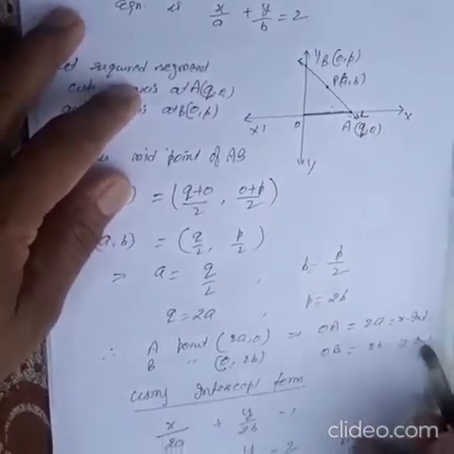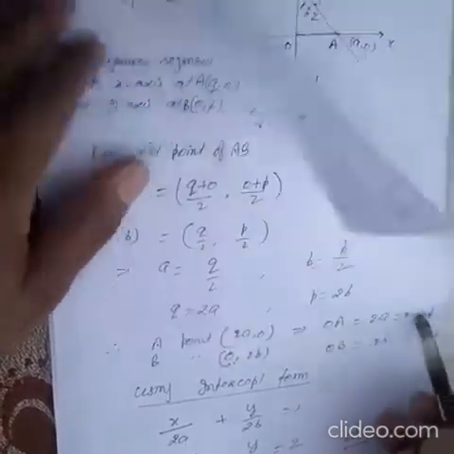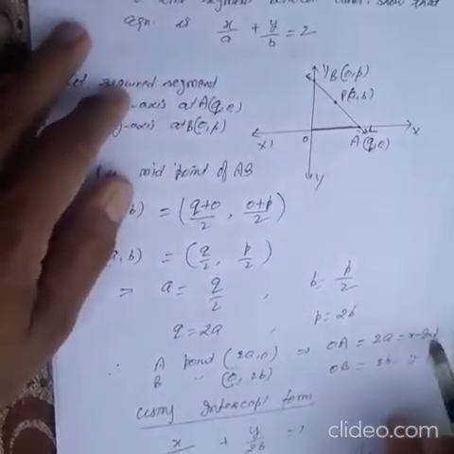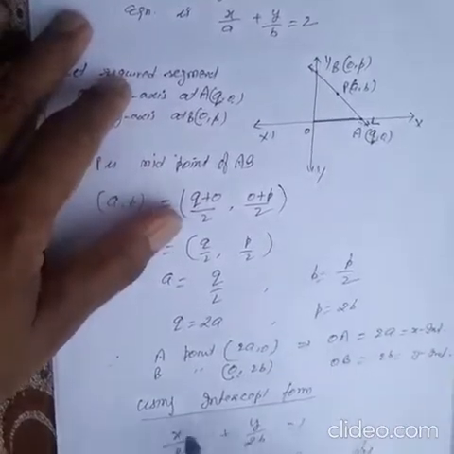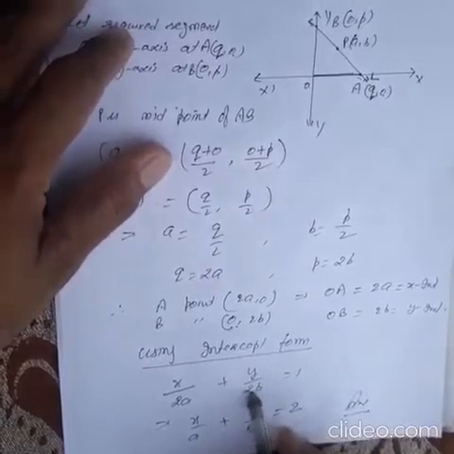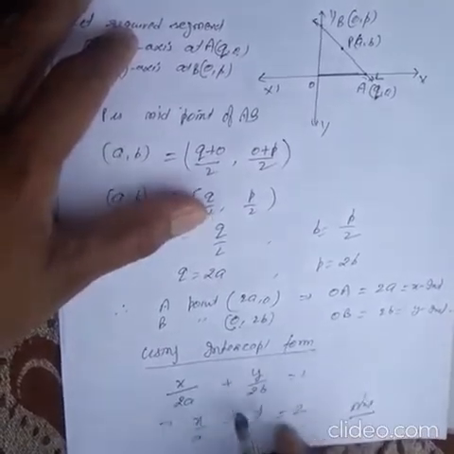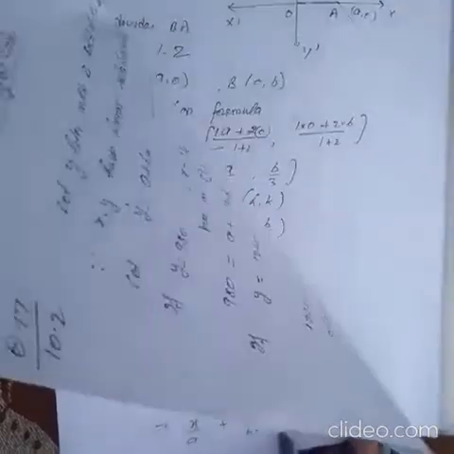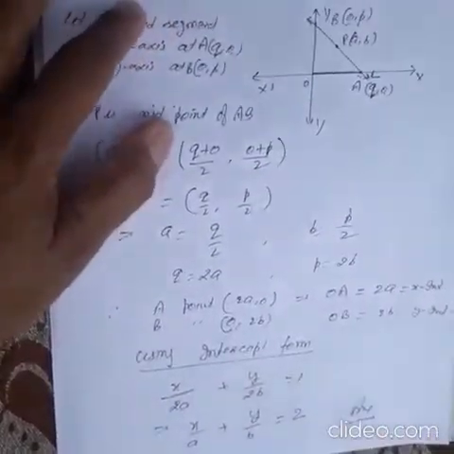So the y-intercept is 2b. Because we have calculated the x-intercept and y-intercept, we will use the intercept form of the line. So x upon the x-intercept, that is 2a, plus y upon the y-intercept, that is 2b, is equal to 1. You solve by taking LCM and get the required equation. So this is the answer. I hope it is clear.